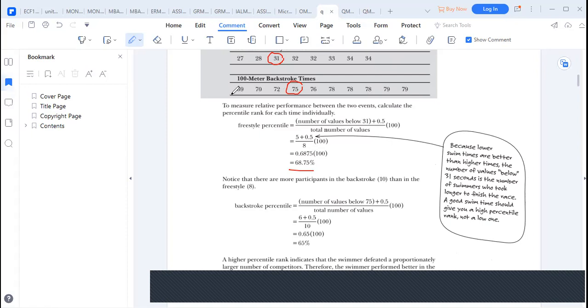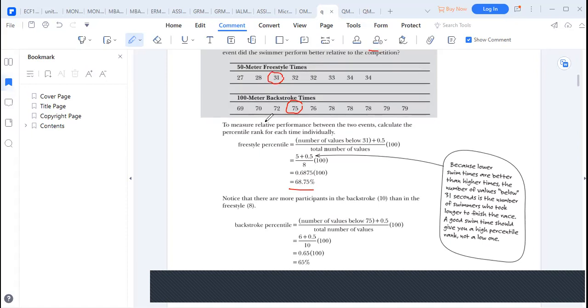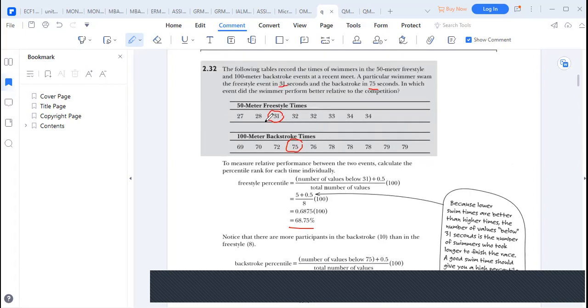We have 1, 2, 3. Why are we including the backstroke times when we're solving for freestyle? I was expecting 2 as the number of values, but then there is 5. Why did we count 69, 70, and 72 when they fall under backstroke?